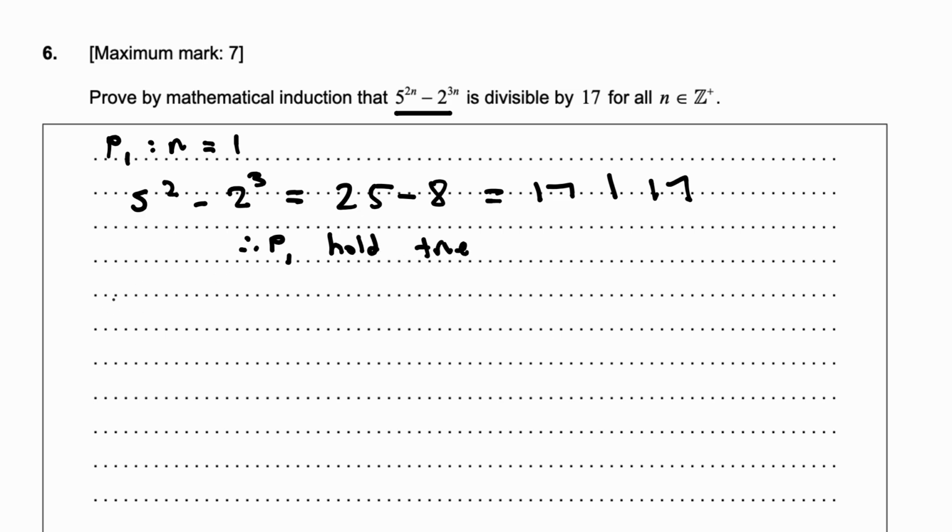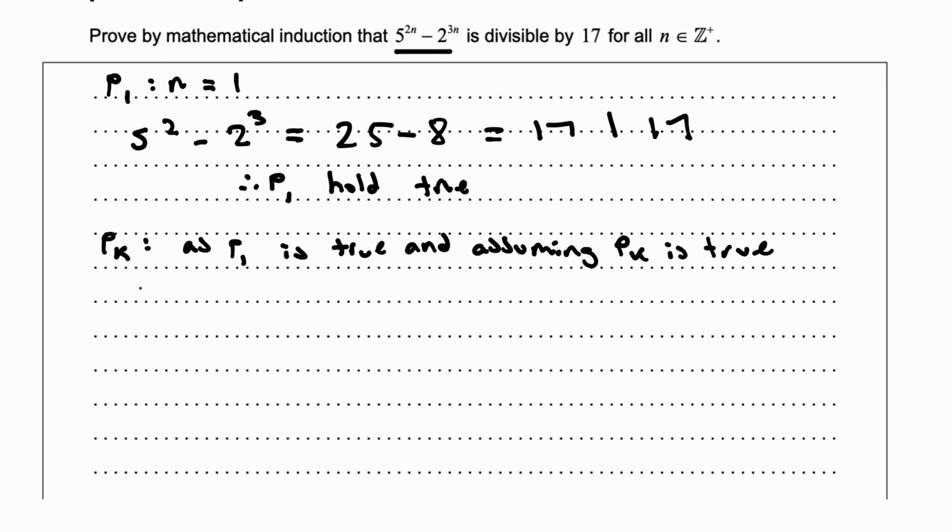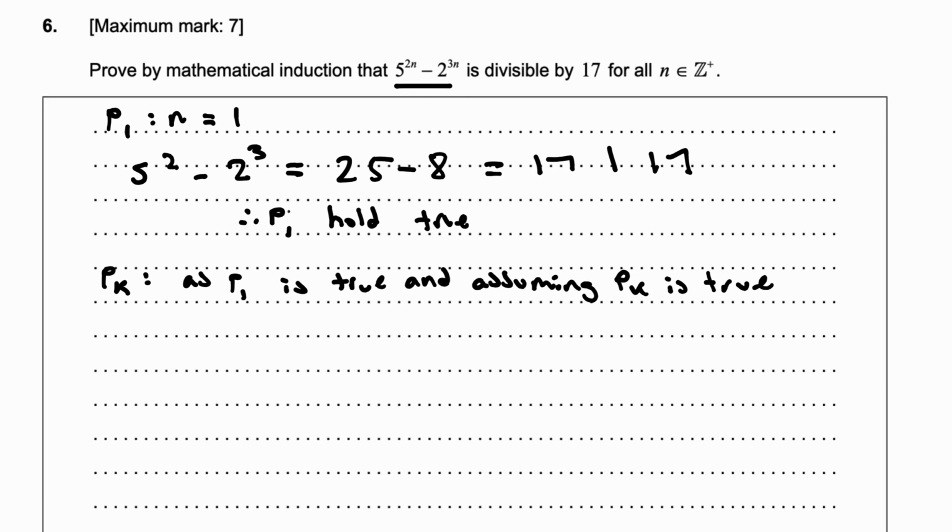Okay, now P(k). As P(1) is true, and assuming P(k) is true, we then set up the second part of the proof, where we substitute k into this equation.